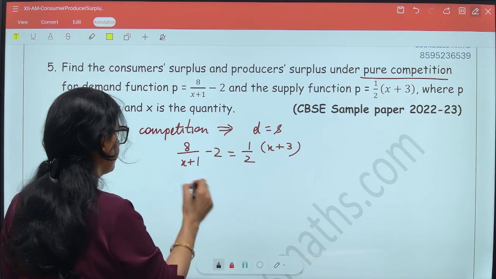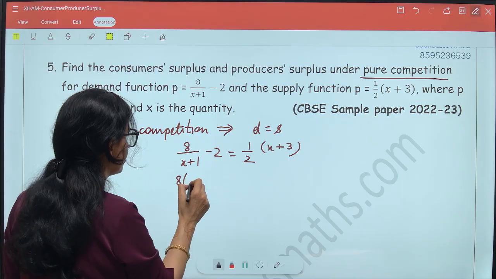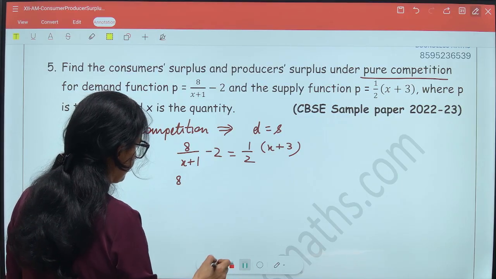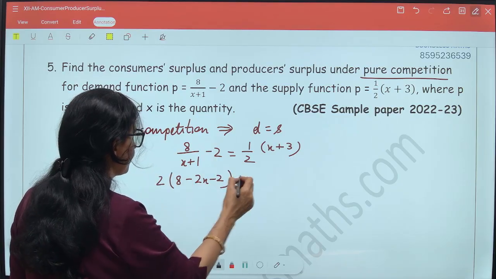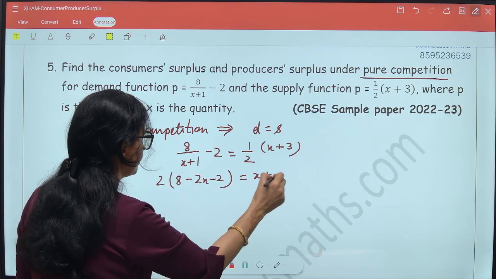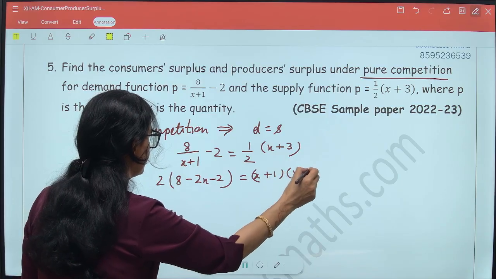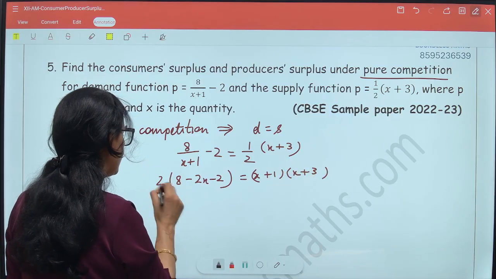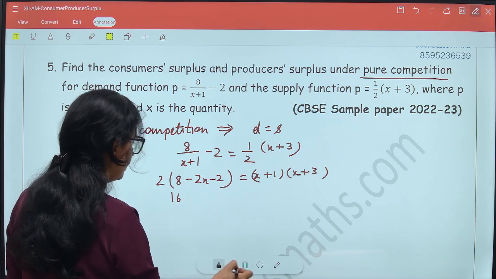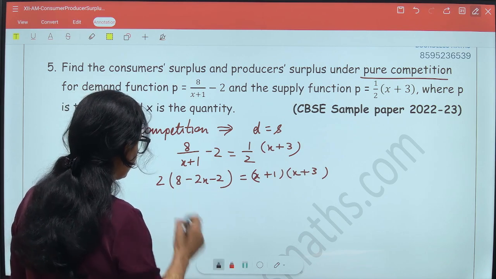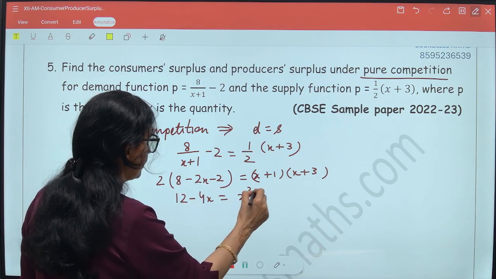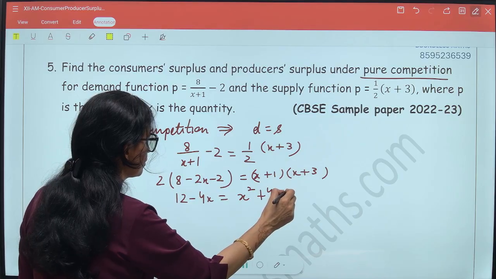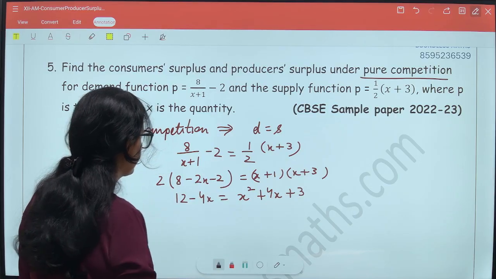Let's solve these two equations. Take the LCM. 8 minus 2x minus 2 equals x plus 1 into x plus 3. So 8 minus 2 is 6, 6 into 2 is 12. 12 minus 4x equals x square plus 4x plus 3.